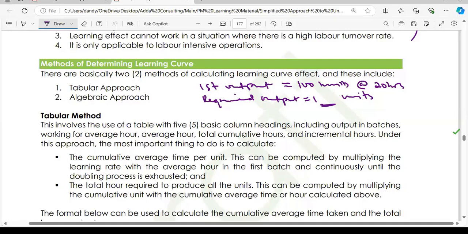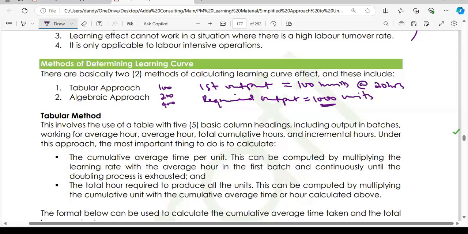Let me say 1,000. Okay. Is it possible for me to double 100 units to make up 1,000? Say, for example, the first batch is 100. If I double 100, it becomes 200. If I double 200, it becomes 400.